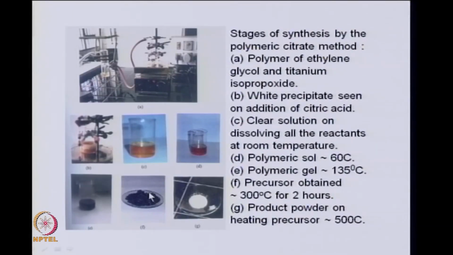When you dry it a little bit, say around 135 degree centigrade, you get this black mass of a polymeric gel, and then you heat it at higher temperature and you get the nanostructured oxide of titania which you wanted. Now, this process is what is called a polymeric citrate method. It is a sol gel method which involves polymerization using citric acid and ethylene glycol.